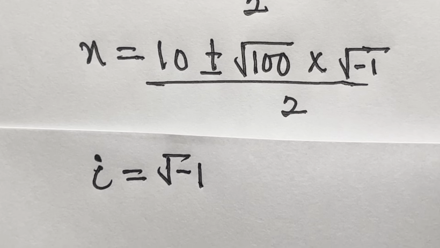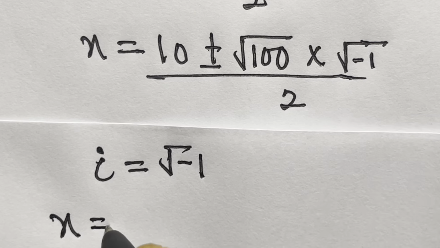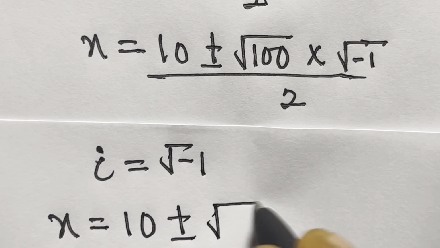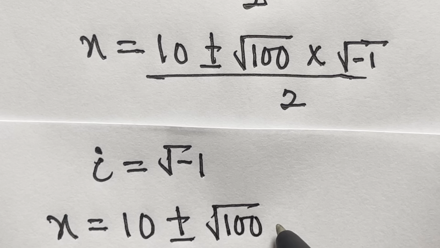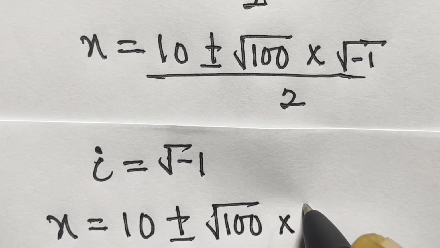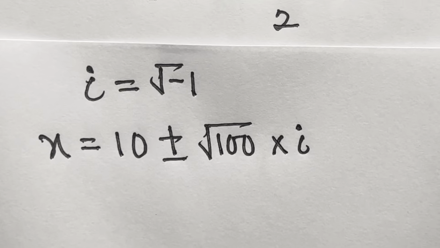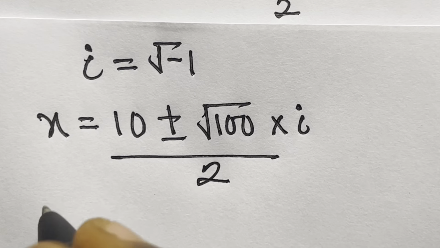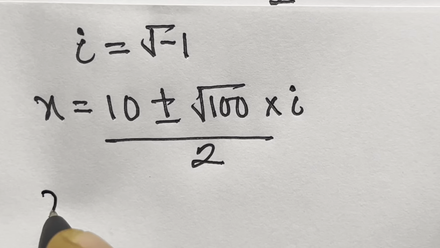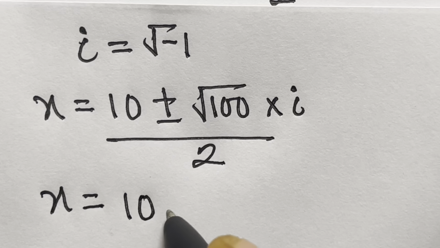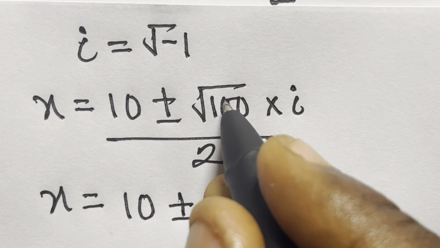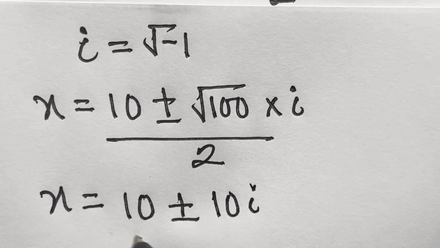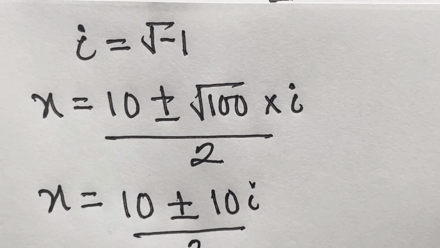So we will have our x to be equals 10 plus or minus square root of 100 times i, divided by 2. So we have x equals 10 plus or minus, square root of 100 will give us 10, so multiply by i here, divided by 2.